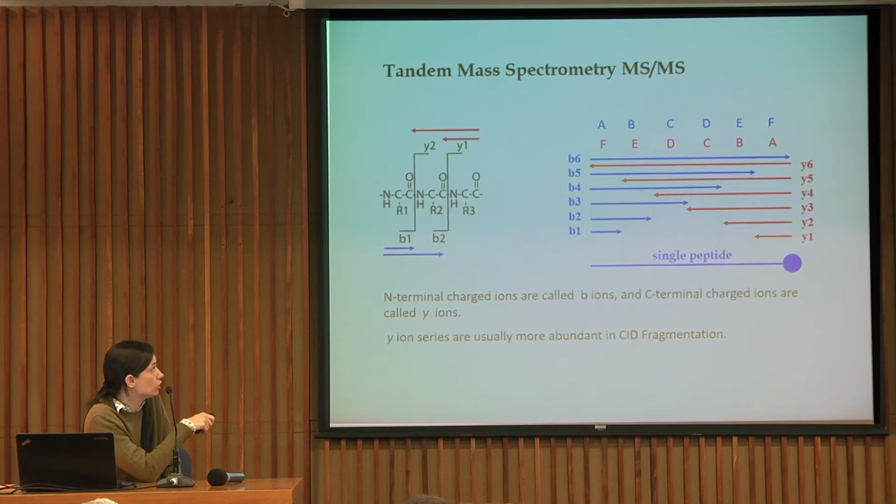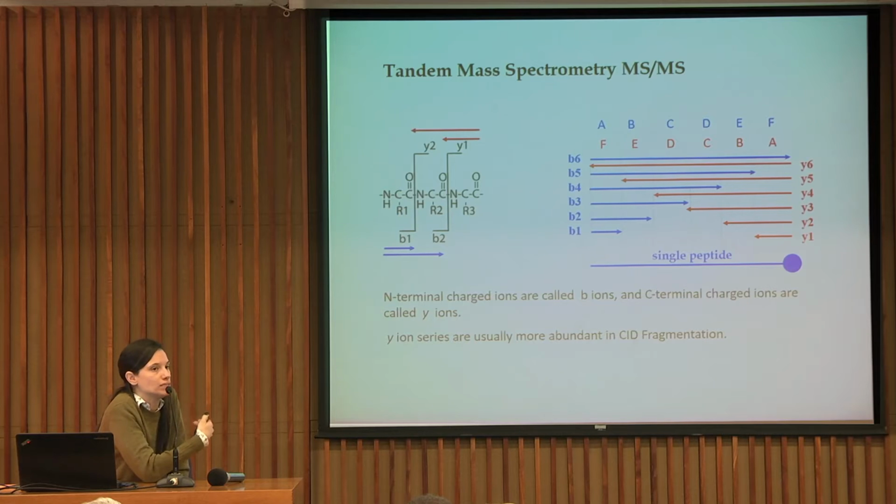If it's broken here and the charge is still on the C terminus, this is the Y2 ion, and this would be the Y3 ion. And the opposite for the B ions. If the charge is retained on the N terminus and it cuts here, we get a B1 ion, then the B2 ion will contain these 2 amino acids.